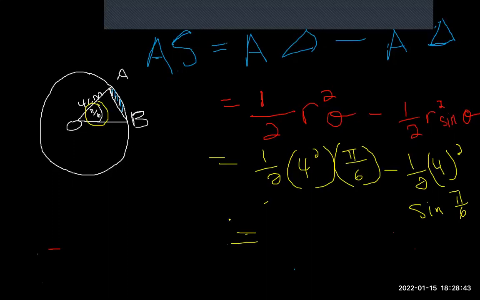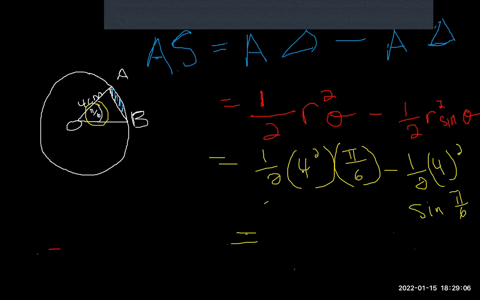So miss, the first one would be half of 16, which is 8, times pi over 6, which would be 8 pi over 6. Wait, hold on. Was the angle pi over 6 or pi over 4? Pi over 6, miss.